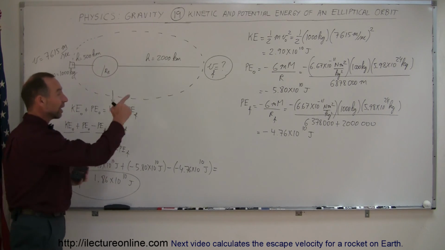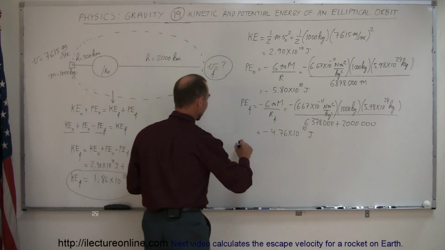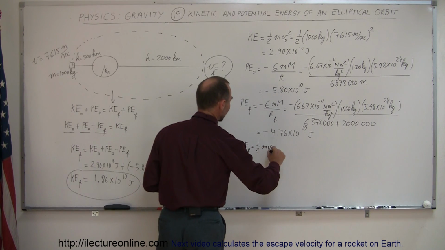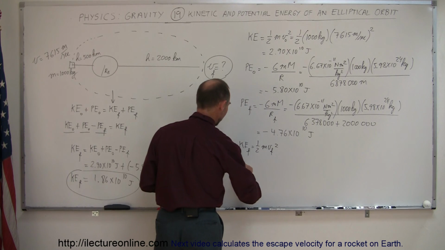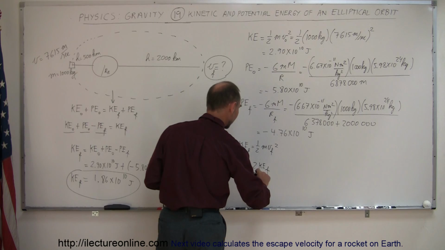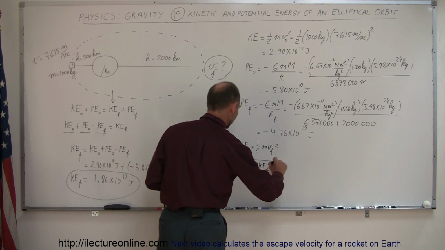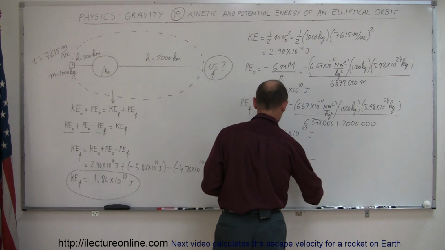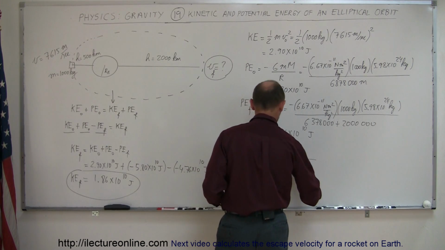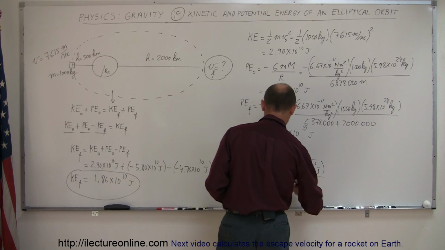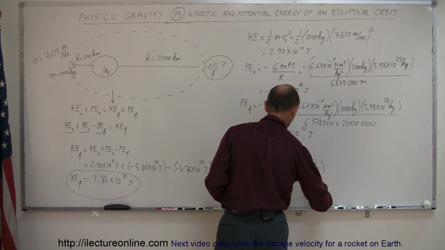And now we have to find the velocity, so we're going to use the equation that kinetic energy final is equal to 1/2 m v final squared. Solving this for v final, we can say v final is equal to 2 times the kinetic energy final divided by the mass. Of course, we have to take the square root of that. So now plugging in those numbers, this is equal to the square root of 2 times the kinetic energy final, which is 1.86 times 10 to the 10th joules, divided by the mass of the satellite, which is 1,000 kilograms.